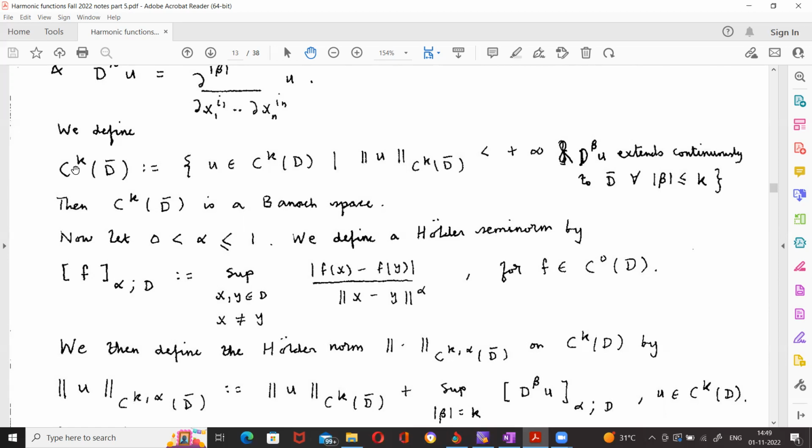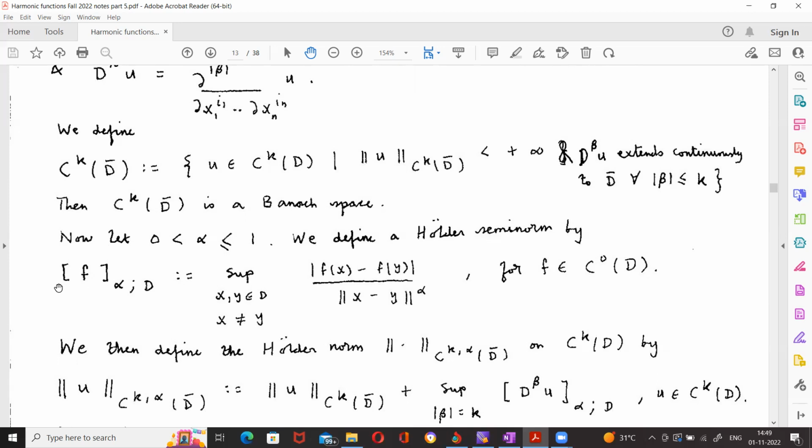What we want is slightly better control on our functions. We want the kth partial derivatives to be Holder continuous, not just continuous, but Holder continuous. So let alpha be a positive number less than or equal to 1. Then we define what's called a Holder semi-norm.